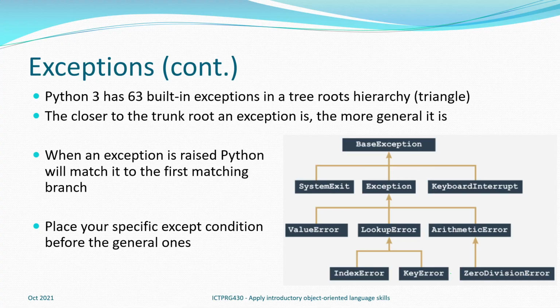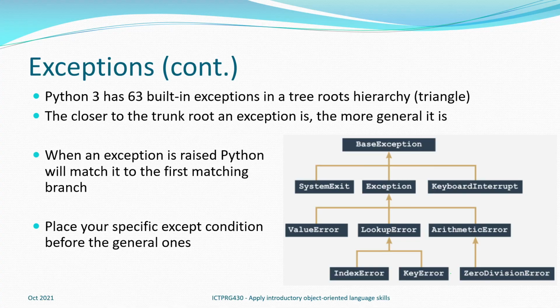It basically has everything else deriving from it. As you come down, you get more specific about the type of error. So you can see here we have 3 different exception types under base, and then under that we have another 3, and under that we've got others listed.